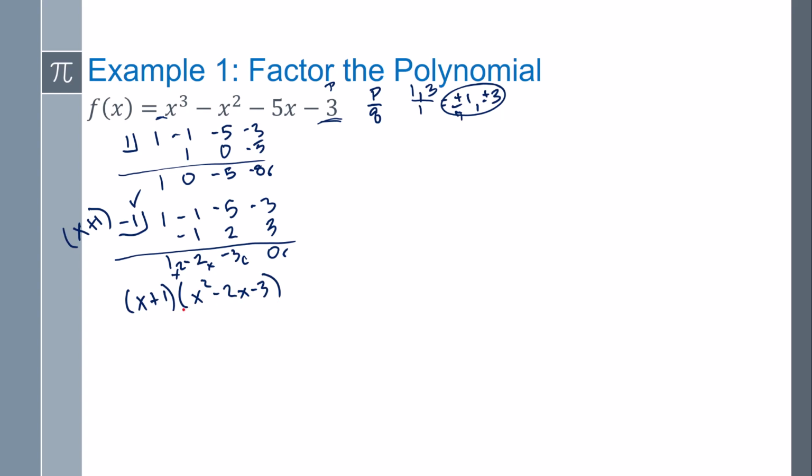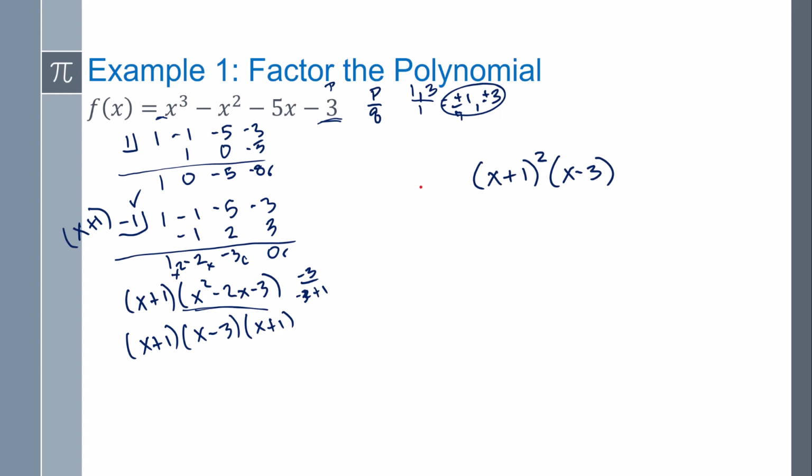So I need to see if I can factor this further. Well, it's quadratic. A times c. Factors of -3 that add to -2. So that's -3 and +1. So I can say that that's x minus 3 and x plus 1. Now I can write this as x plus 1 squared and x minus 3.